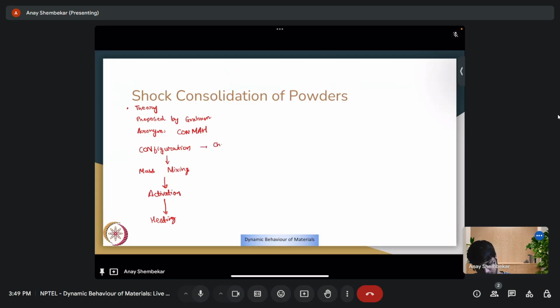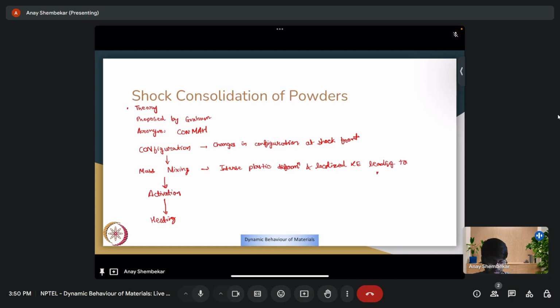Configuration refers to changes in configuration at the shock front. Mass mixing would refer to, if you have an intense plastic deformation and localized kinetic energy, leading to mixing of powder.